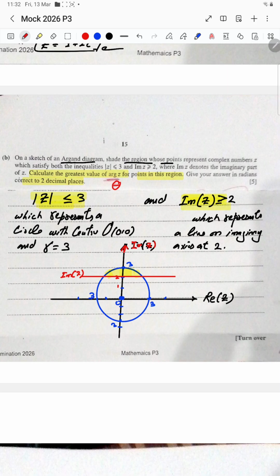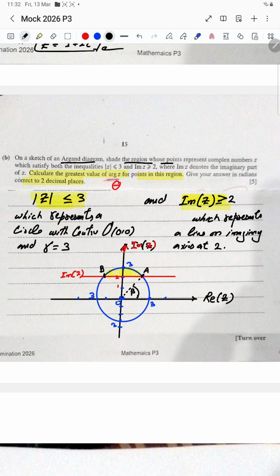So simple is this. Argument z means theta angle. Here the circle and the line intersect at these points, a and b. So for argument z, if I take this angle, suppose this is beta, this will be the smallest angle.